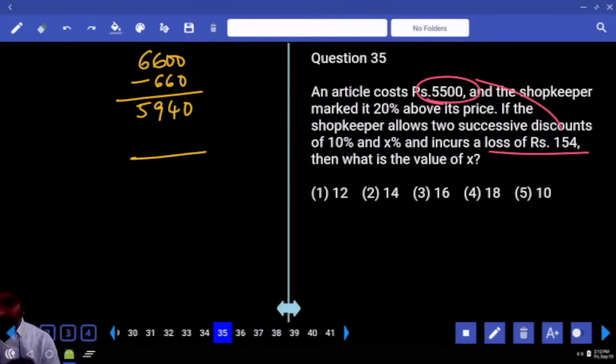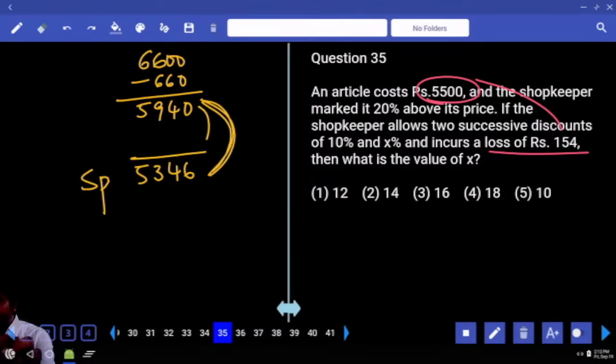Are you okay? Discount given on this number will be equal to, there are two ways now to calculate. One is identify your final selling price, which is 154 less than 5500. That will be 5346. Take the difference between both the numbers, that is the discount offered. That is one way.